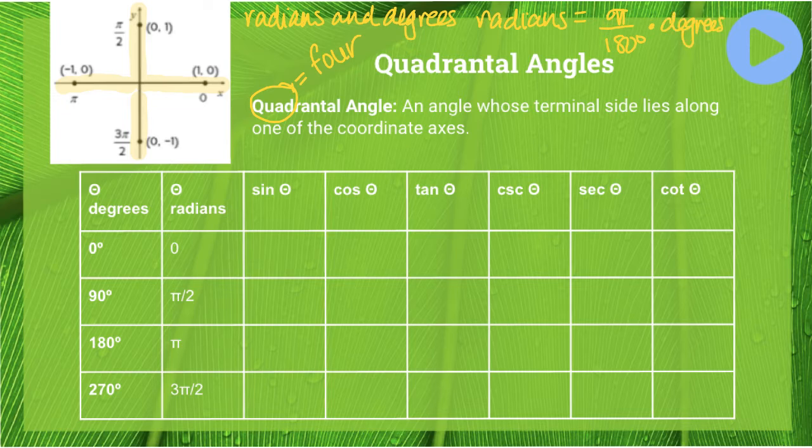And to convert from radians to degrees, we use degrees equals 180 degrees over pi times the radians that were given. And we'll use these formulas as we go to help us convert if we need to.